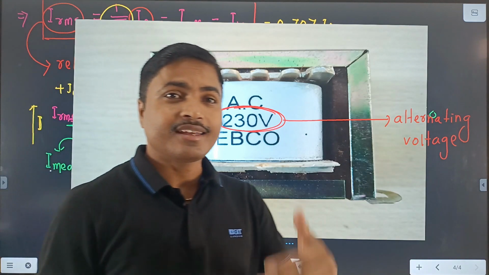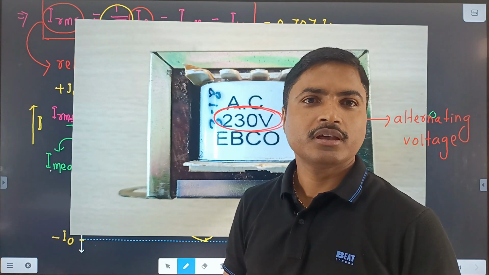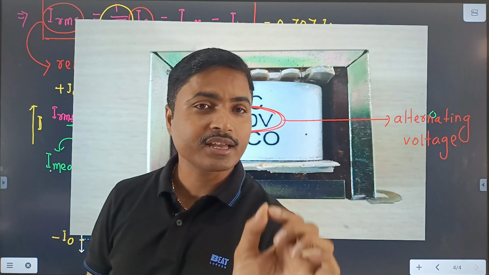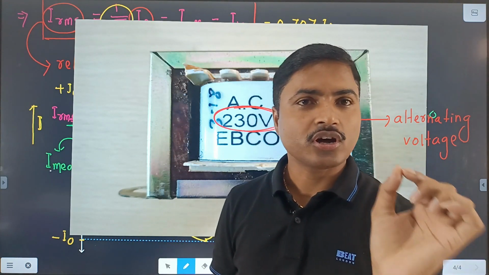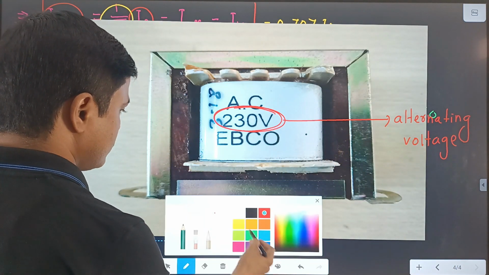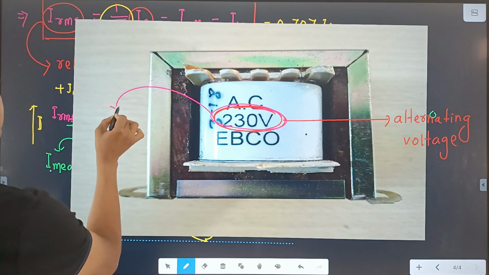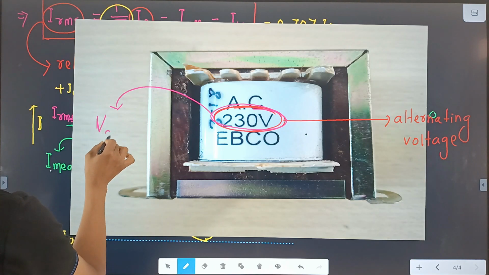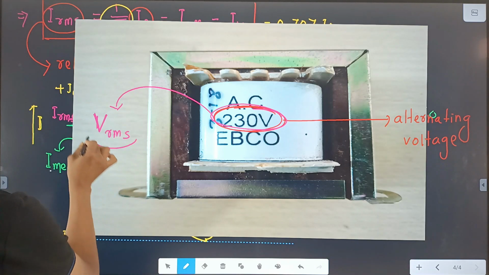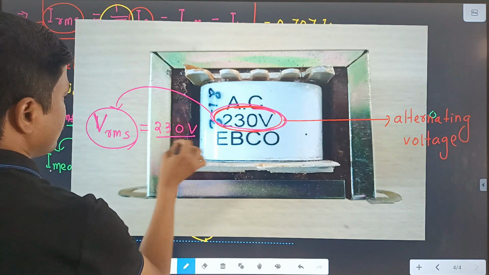And any alternating voltage or alternating current is generally measured in terms of the root mean square value. So this 230 volt is the VRMS, V for potential difference or voltage. That means VRMS is equal to 230 volt.